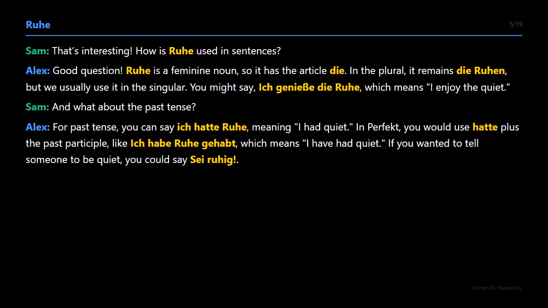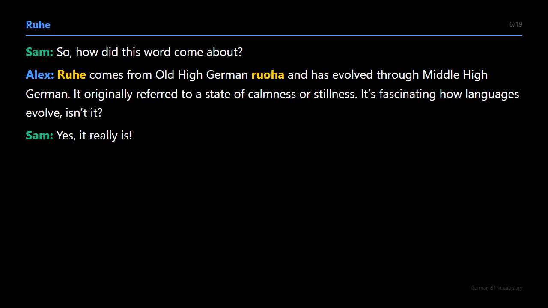So, how did this word come about? Ruhe comes from Old High German, Roha, and has evolved through Middle High German. It originally referred to a state of calmness or stillness. It's fascinating how languages evolve, isn't it?